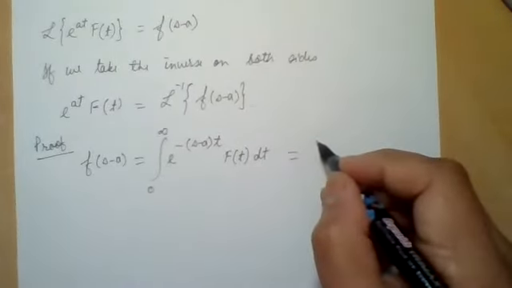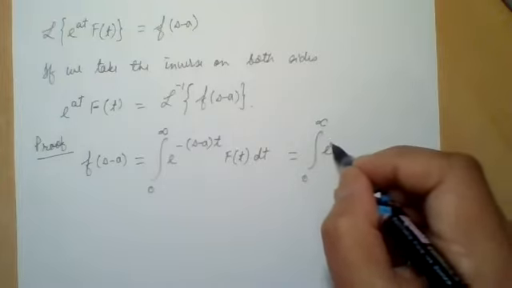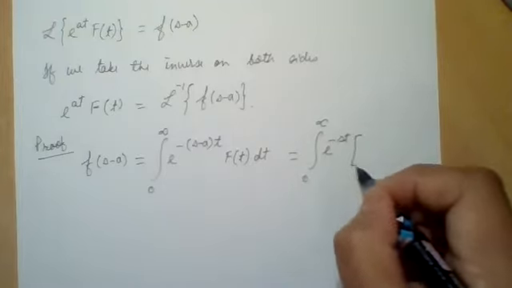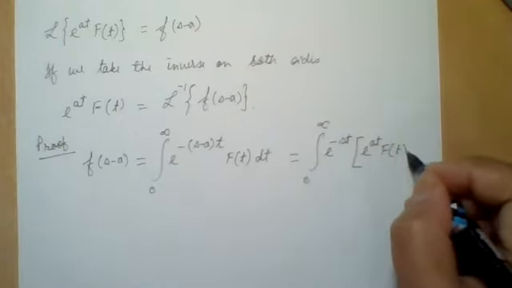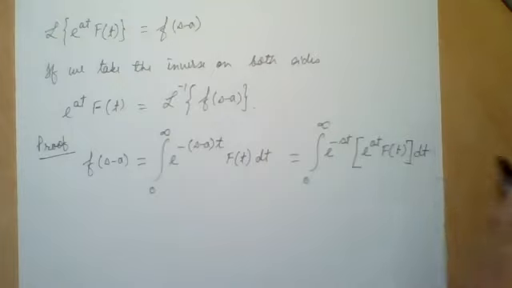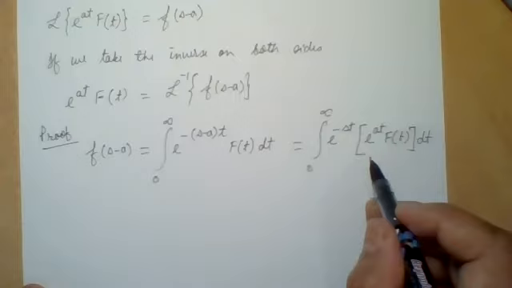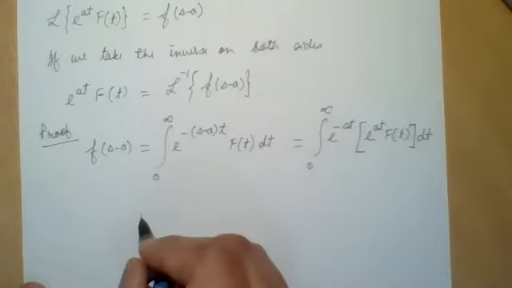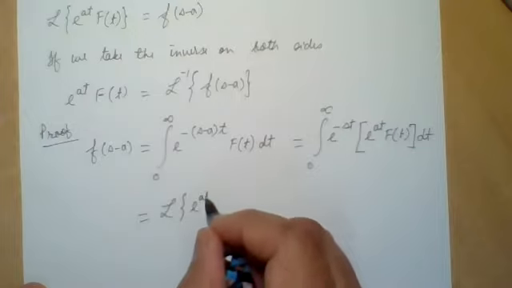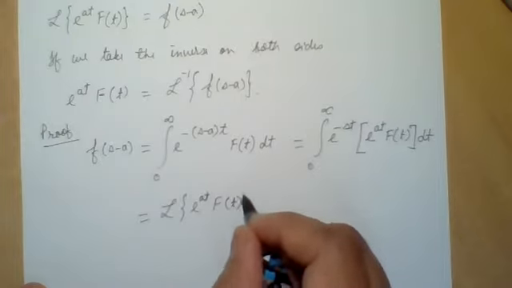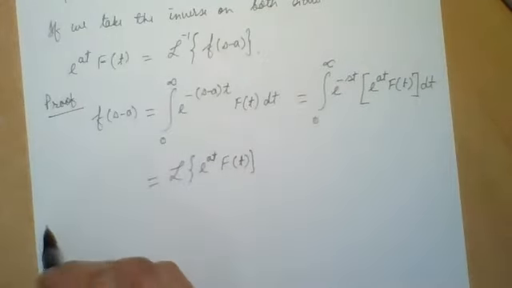This can be written as the integral from 0 to infinity of e to the power minus st times e to the power at F of t dt. And from the definition of Laplace transform, this is nothing but the Laplace transform of e to the power at F of t. So this is the proof.